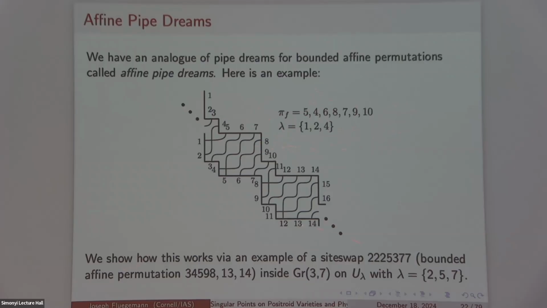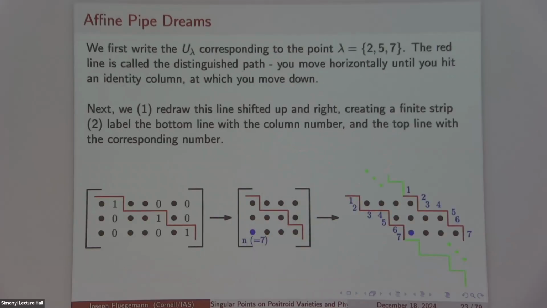So this is an example for this bounded affine permutation. And you can form these by taking a matrix and the columns 2, 5, and 7 corresponding to lambda, and then drawing what you call this red distinguished path, and then you eliminate the identity columns, and you take this distinguished path and move it to the right, or move it down infinitely, and you get this infinite strip.